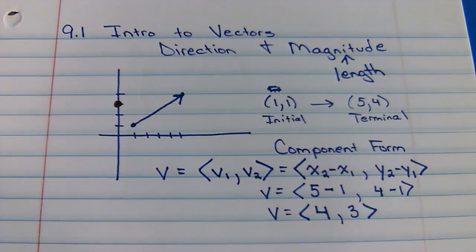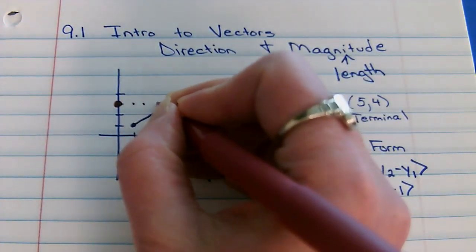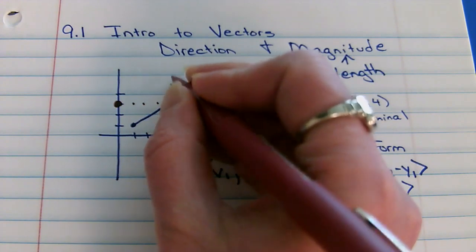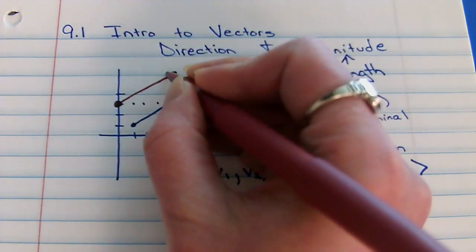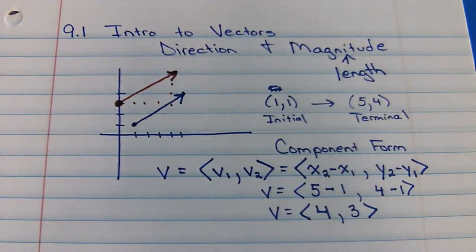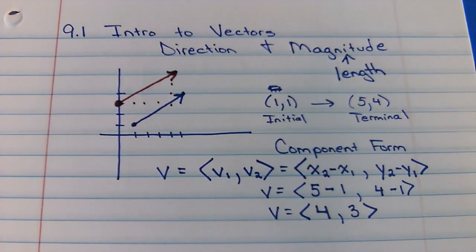To be equivalent, it would also have to go right 4, 1, 2, 3, 4, and up 1, 2, 3. It would have to go in the same direction and have the same magnitude. Oh, I did not count well. I think I was just off on my spacing. So to be equivalent, they'd have to have the same direction and same magnitude.